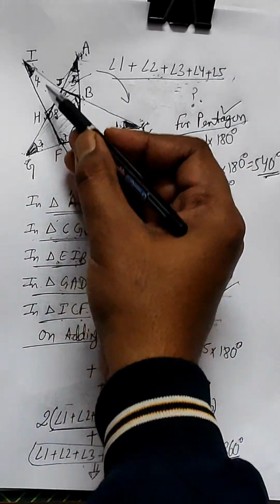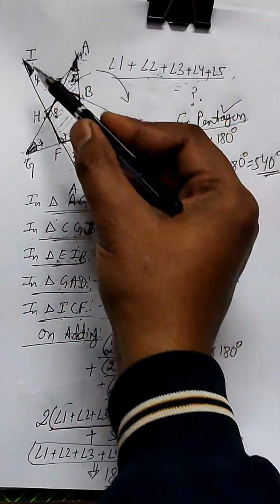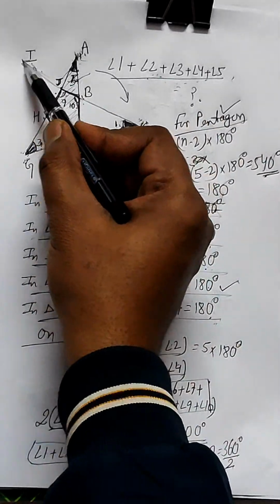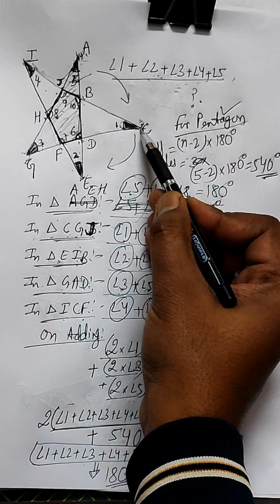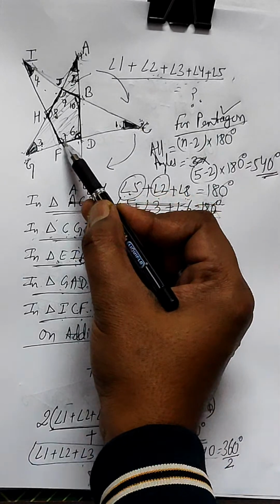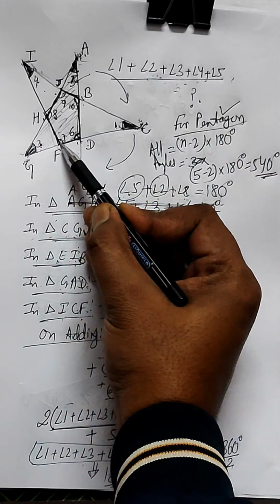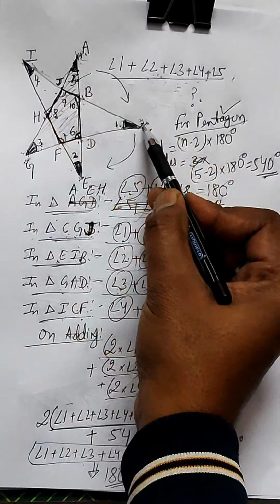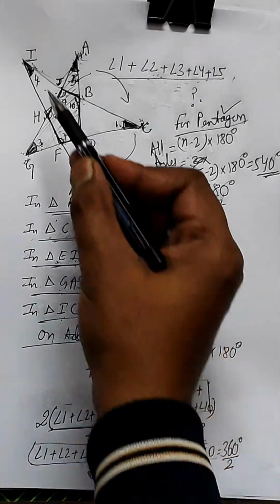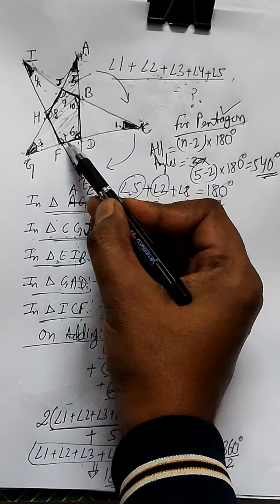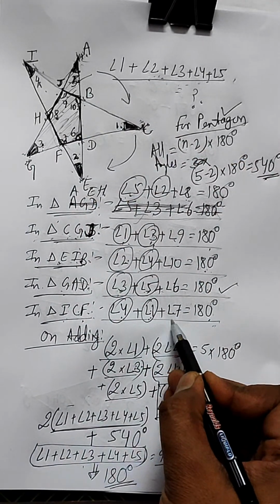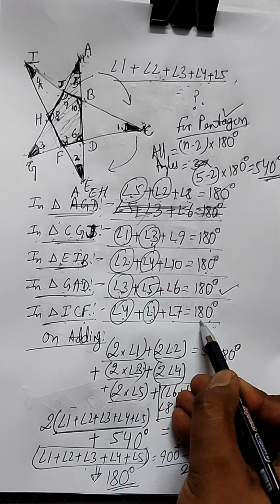And going to the last vertex of this star, from I go to the extreme end C, and from C go to the point touching the pentagon. So in triangle ICF, we see angle 4 plus angle 1 plus angle 7 is coming as 180 degrees, right?